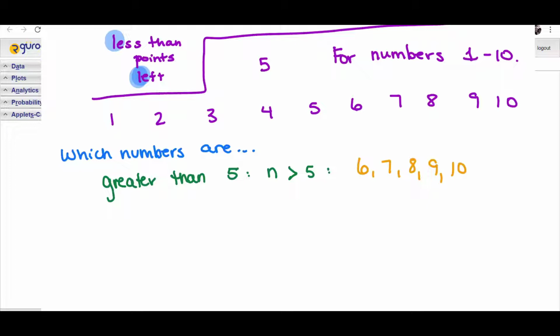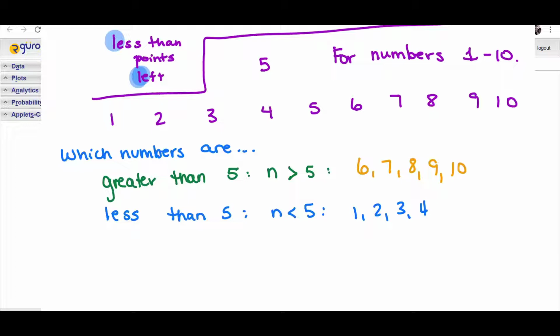So then if you had which numbers are less than 5, those numbers would be 4, 3, 2, and 1. They do not include 5, so 1 through 4. Most people are probably okay with those.